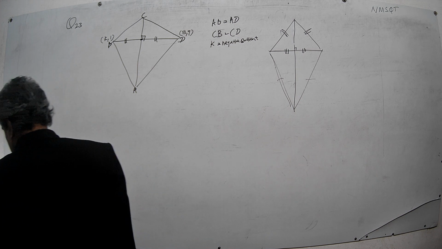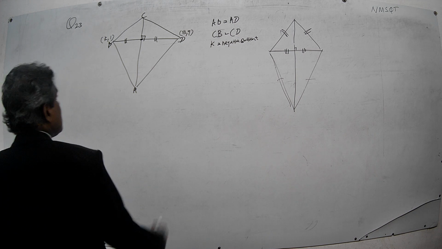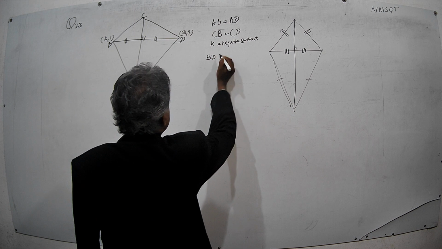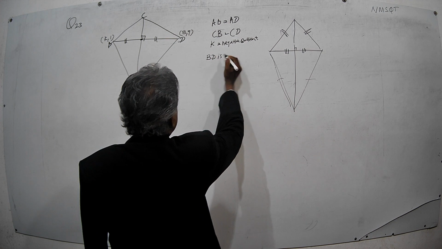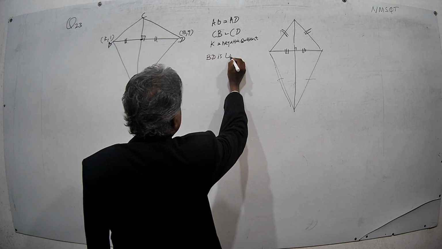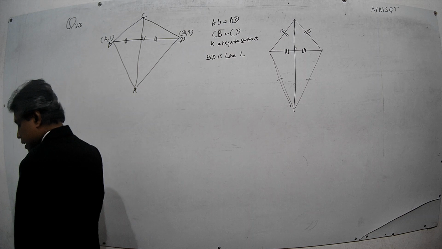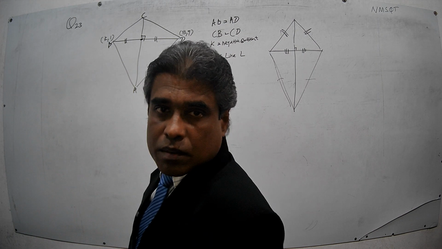That straight line BD is called L. BD is the line L.